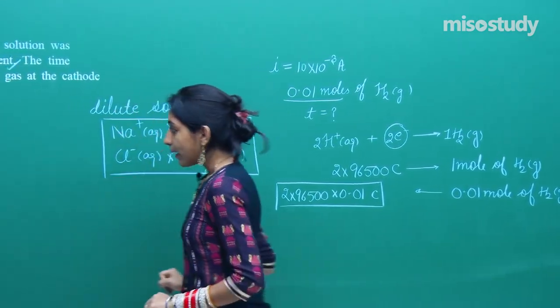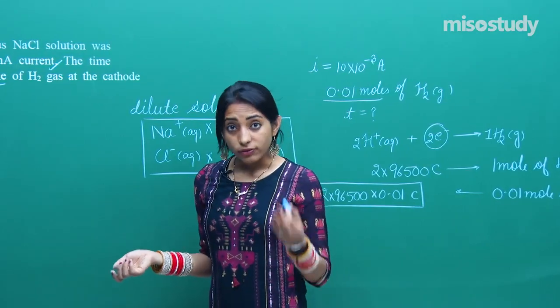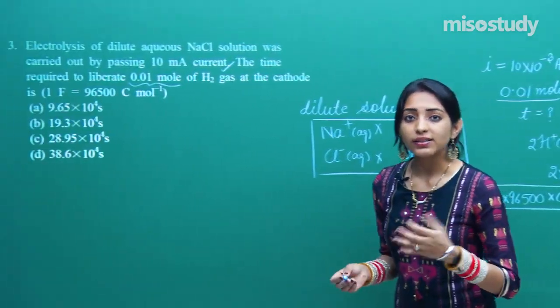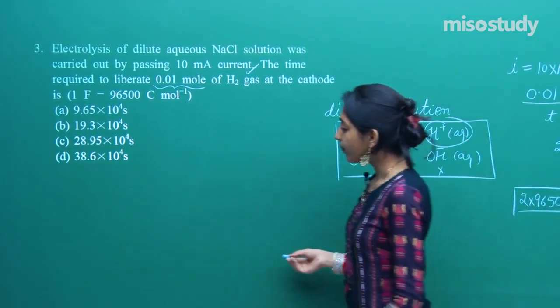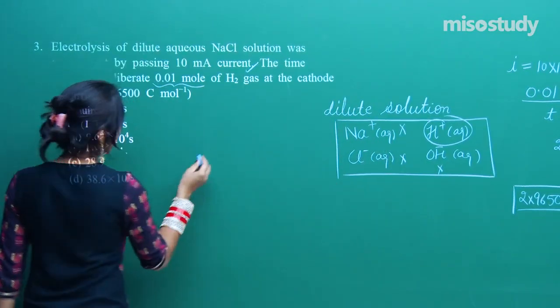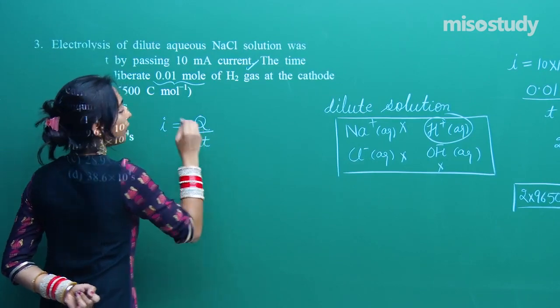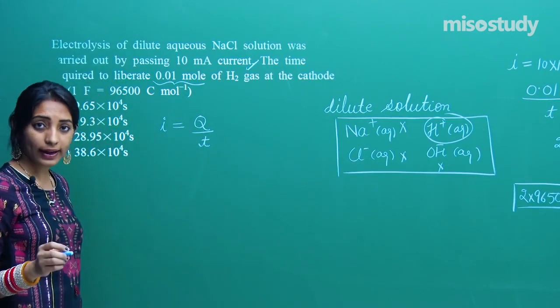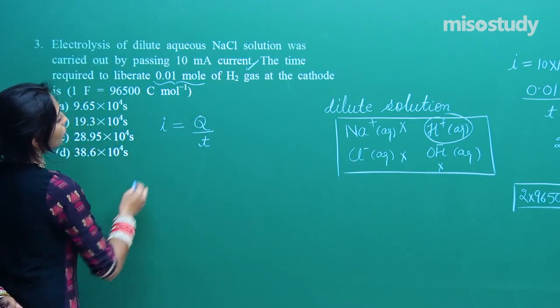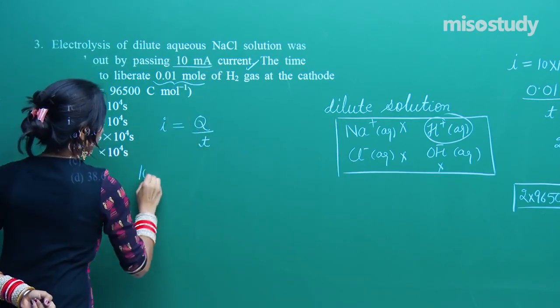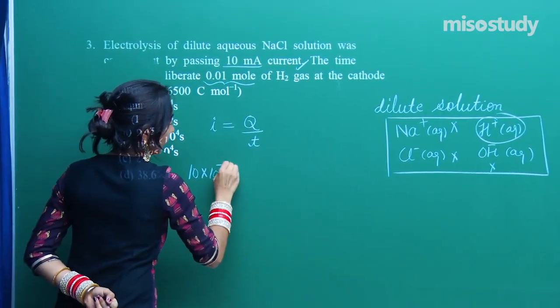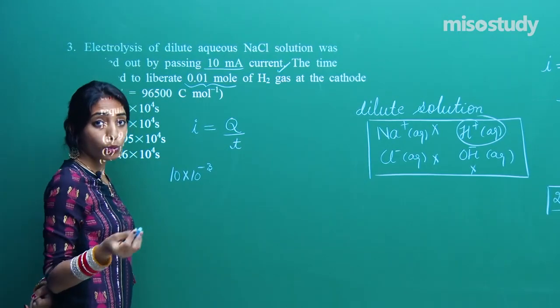Now since I know the total amount of charge and I know the current, I can easily use the formula. This formula you know, right? Current is equal to the charge transported divided by the time taken. How much current is given? 10 into 10 raised to the power minus 3 amperes. Amperes is coulombs per second.